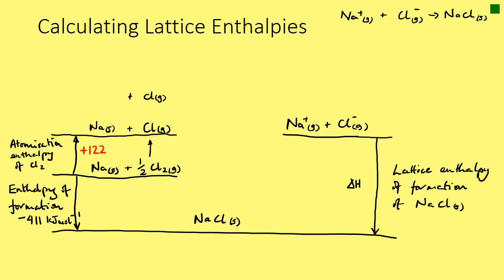We're not doing anything to our chlorine yet, but we're going to atomize our sodium and make it in the gaseous state. So we've gone from here to here, and we're going to say that is on this energy level here. And so again, we've put energy in so that our arrow goes upwards, and this is the atomization enthalpy.